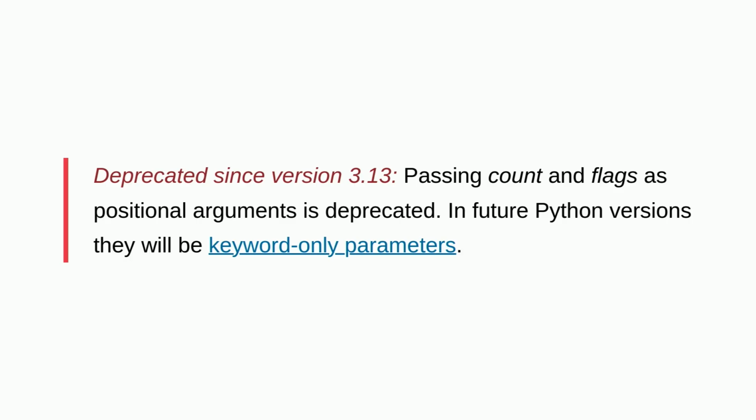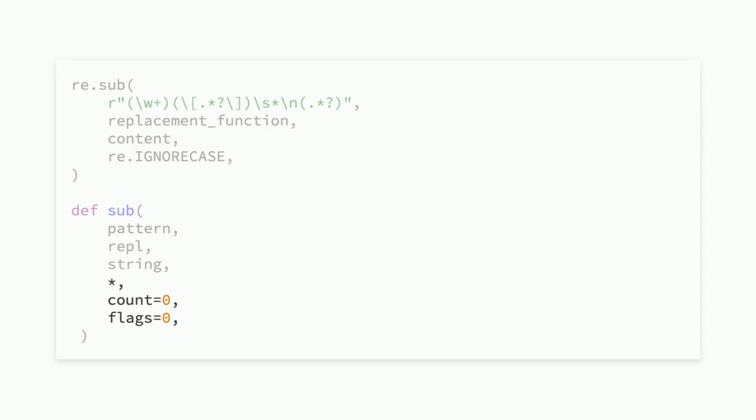In fact, so many people have had this issue that Python has fixed it by introducing a deprecation warning from 3.13, noting that the use of counts and flags as a positional argument will be removed and needs to be used as a keyword instead. And the way that they will do that is by putting star as the parameter before counts and flags.